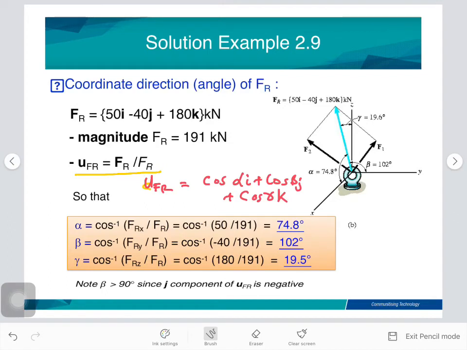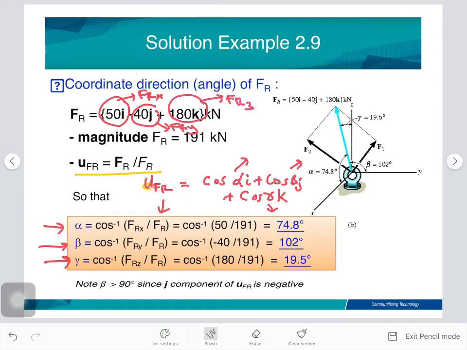So you can have the values for alpha, beta and gamma like this. So we need the cosines of FRX, FRY, FRZ over FR. So you already have the FR. Okay, so this is our FRX component, this is FRY and this is FRZ. So you can substitute into this formula, then you can solve. So you have alpha is equal to 74.8 degrees, beta is equal to 102 degrees, and gamma is equal to 95.5 degrees.